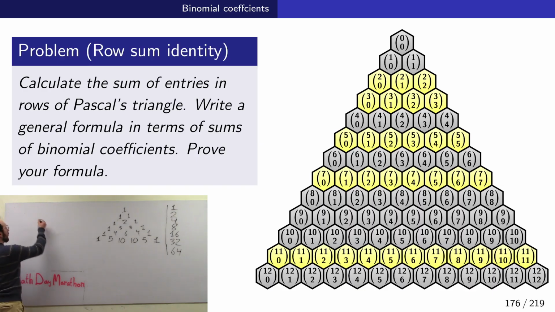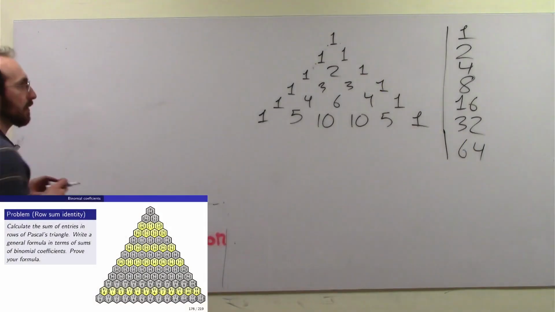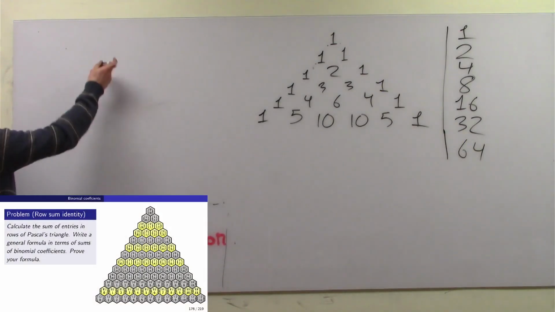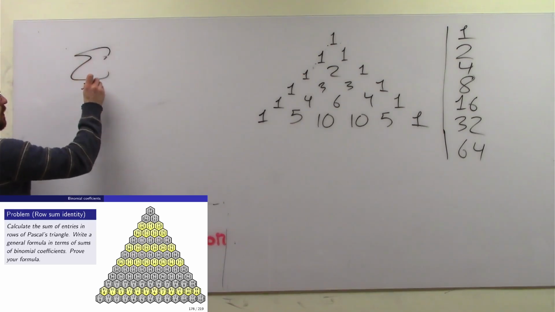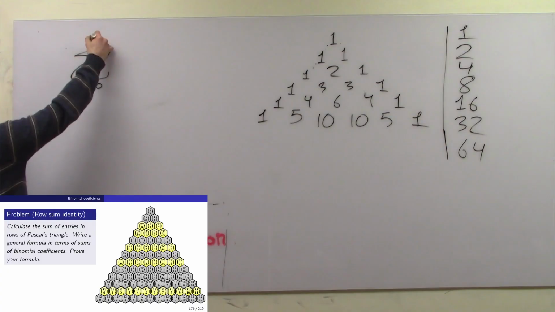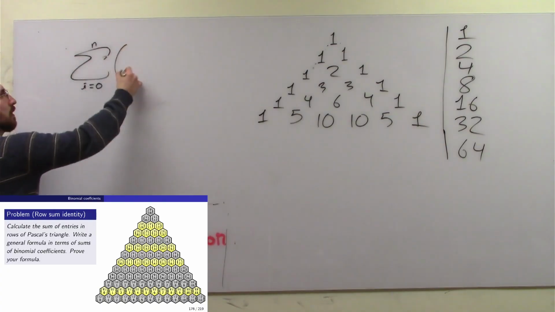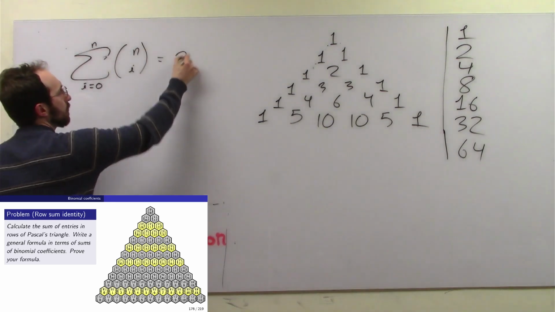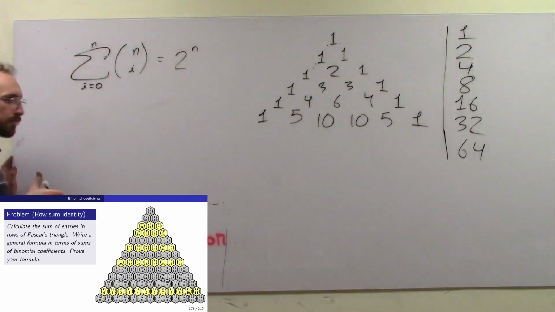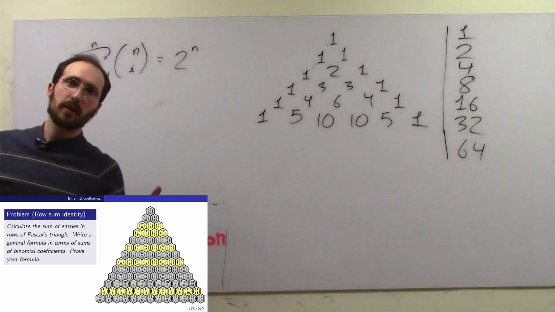What is that saying? Well, let's write it out. And I feel like we've avoided the sum notation until recently, so I'm just going to do it. Why not? Okay, the sum over i from 0 to n of n choose i is equal to 2 to the n. That is the claim here.